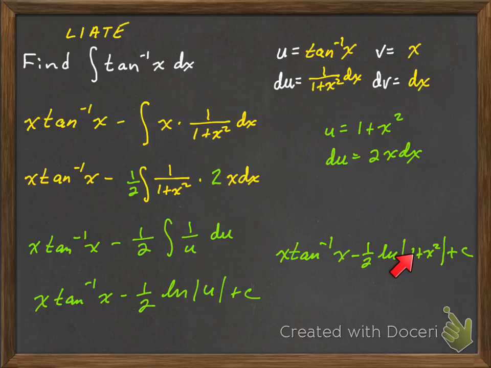Adding 1 to that is always going to be a positive value. So putting absolute value bars around 1 plus x squared is not absolutely necessary. It is something I do, and it's just more out of habit than anything else, but it's not absolutely necessary because of what this function is right here.